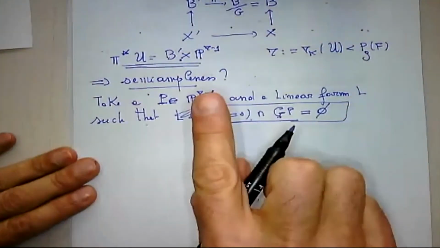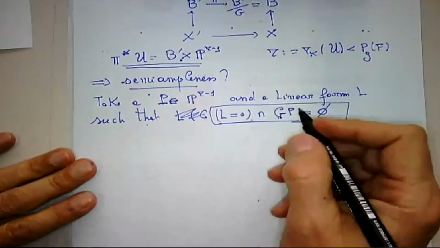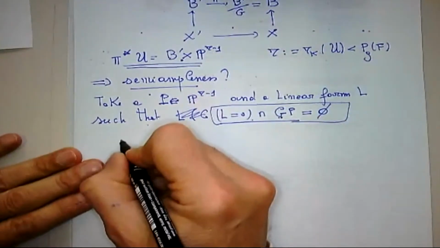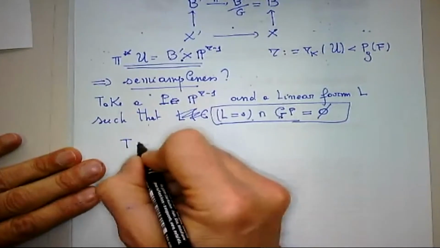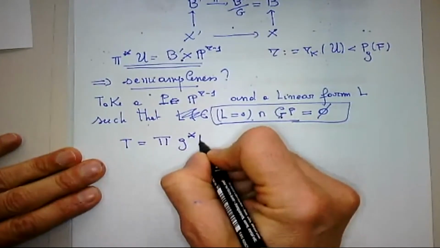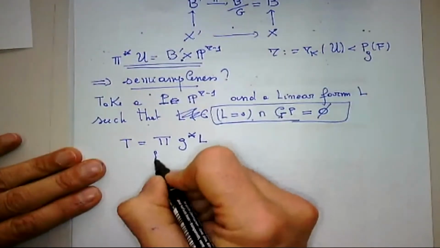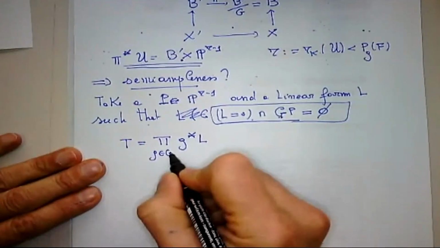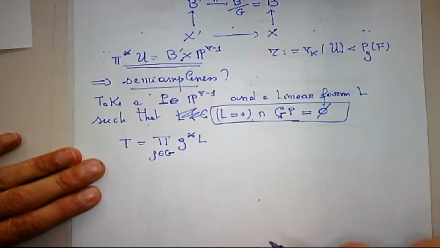Then I can take the following form, let me call T, which is the product of g upper star of this form L, where g is in G, the Galois group acting.